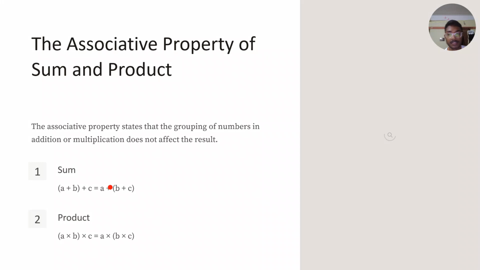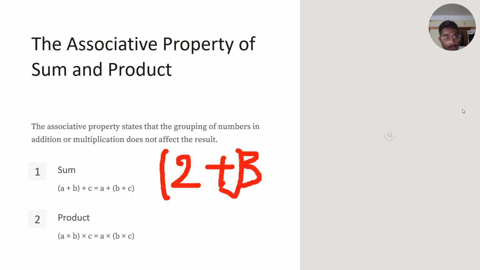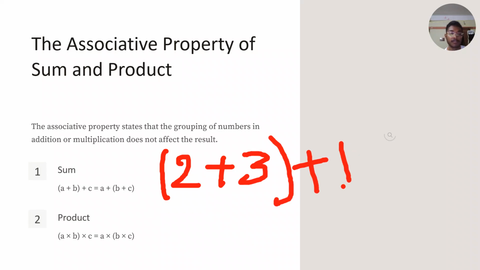Let's take a small example if you want to understand. Let me take the a value as 2, the b value as 3, and the c value as 1.